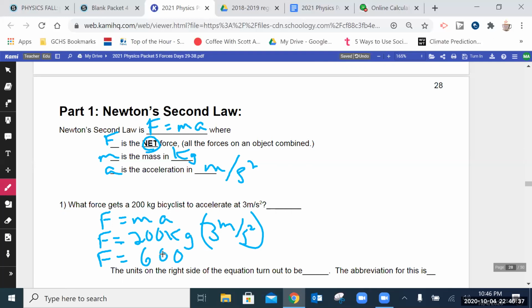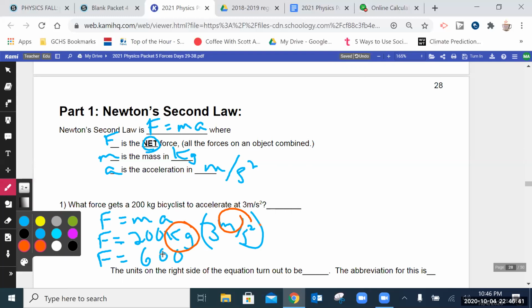I have kilograms, and I have meters, and I have seconds squared. Nothing cancels out, and so everything just stays in its place. We have kilograms times meters divided by seconds squared. Now that's a mouthful.